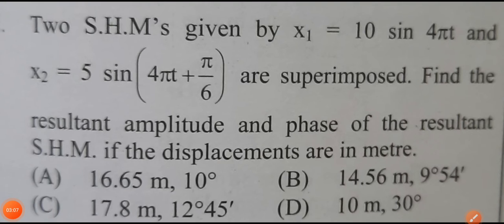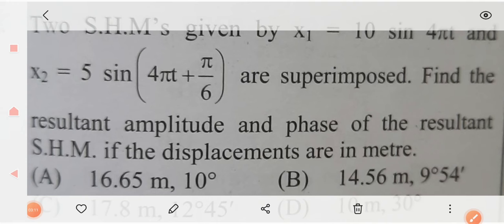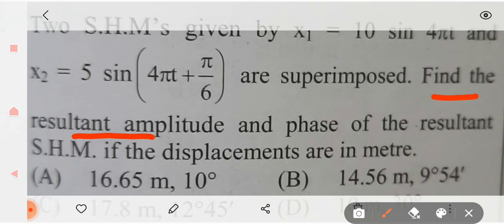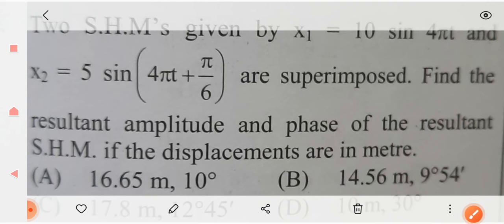Friends, the third question is: two SHMs given by x1 equals 10 sine 4 pi t and x2 equals 5 sine (4 pi t plus pi by 6) are superimposed. Find the resultant amplitude and the phase of the SHM if the displacement is in meter.